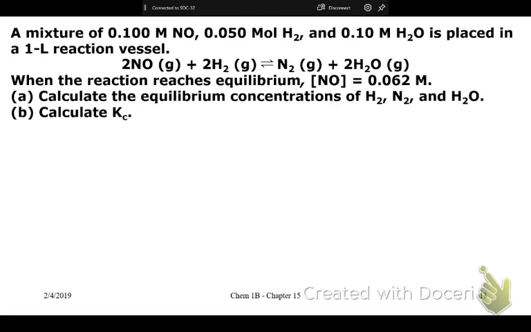When the reaction reaches equilibrium, the NO is 0.062 molar. Calculate the equilibrium concentrations of H2, N2, and H2O. So a bunch of things you have to calculate. And this will happen in lots of these ICE table problems. You'll be asked to solve for a whole bunch of concentrations, okay? Especially in homework.